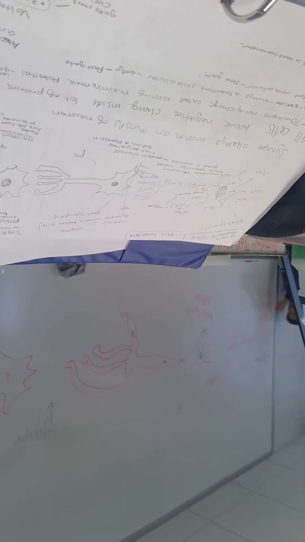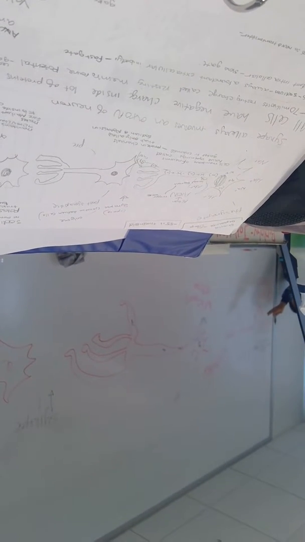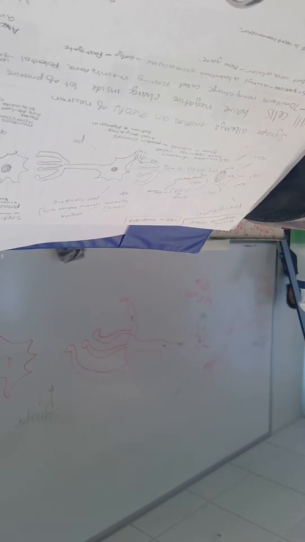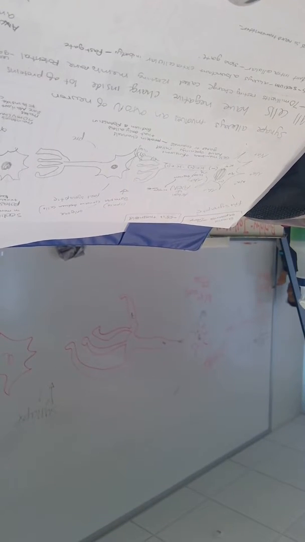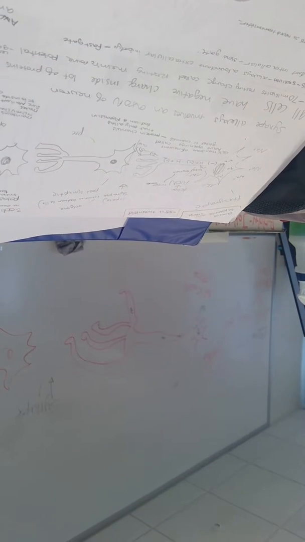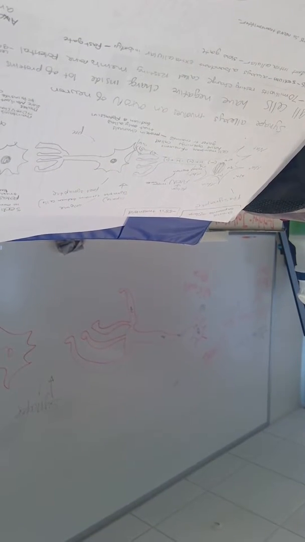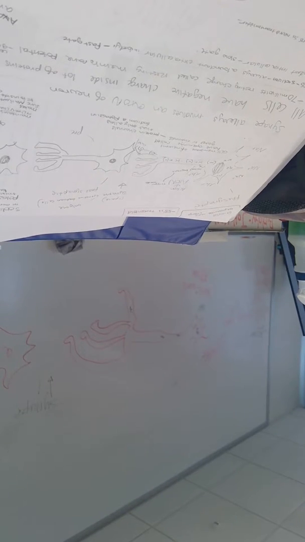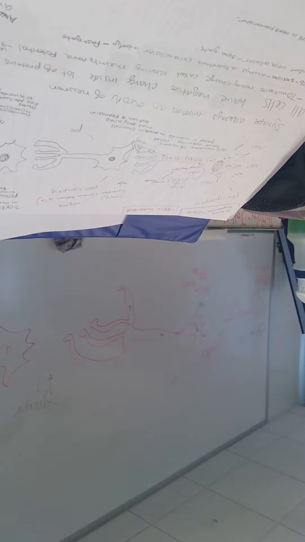They are for sodium and potassium. But even though these gates are present there, they can only be opened by a chemical stimulus if it's a chemical gate, and a mechanical stimulus if it's a mechanical gate. Raise your hand if it's confusing. Okay? You got that, everybody, so far?